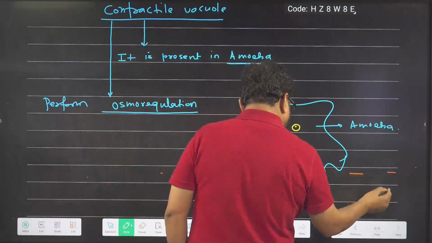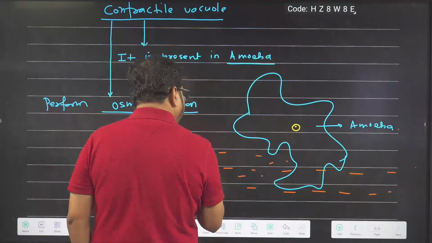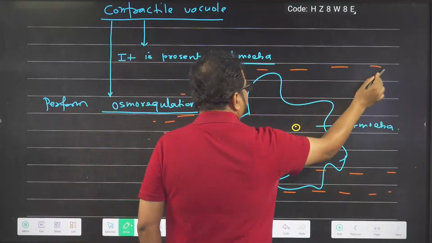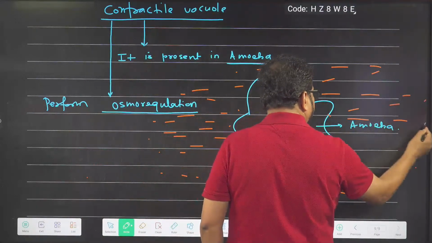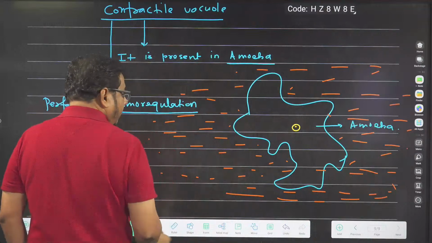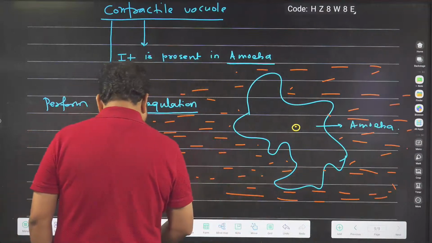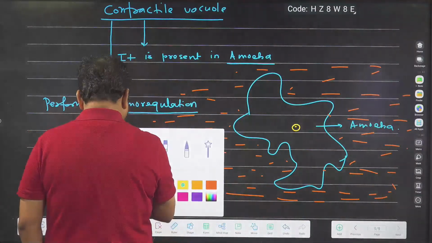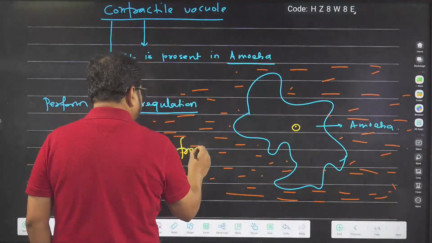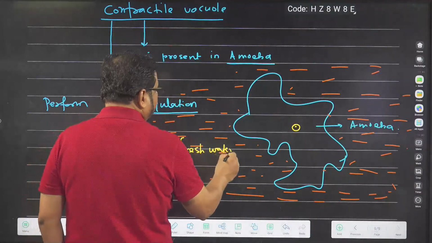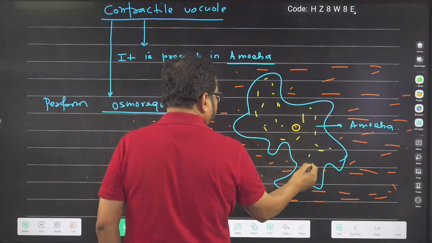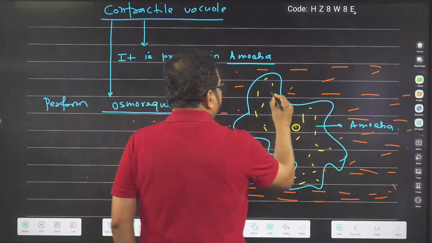So I am just drawing it here. Everywhere outside there is fresh water, and inside is cytoplasm. Outside, which water is there? Fresh water. Try to understand the problem. And inside, cytoplasm is there.